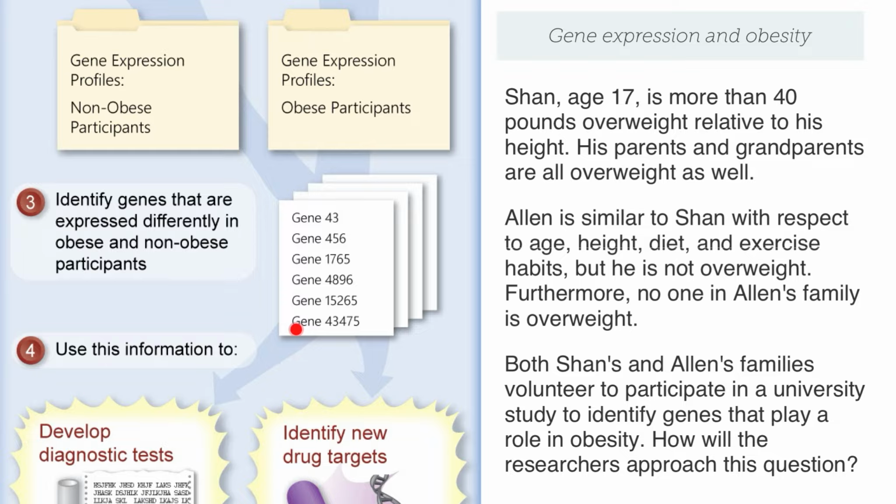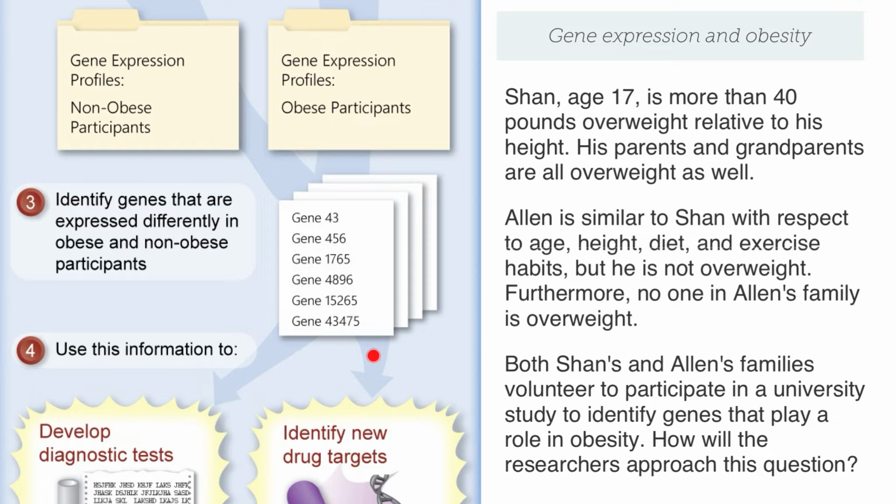Or it can be more complex than this. For example, in the obese group, gene 43 can be upregulated, the next gene downregulated, then upregulated, downregulated. But in non-obese, we may see a different pattern. But it should be recognizable.